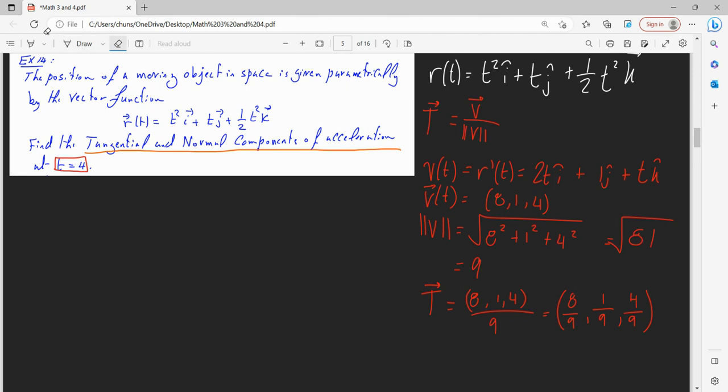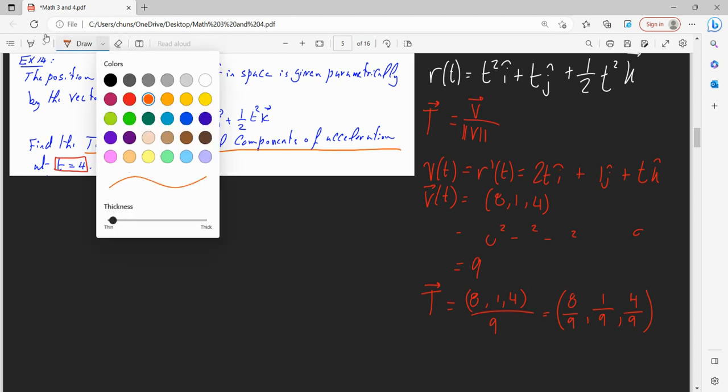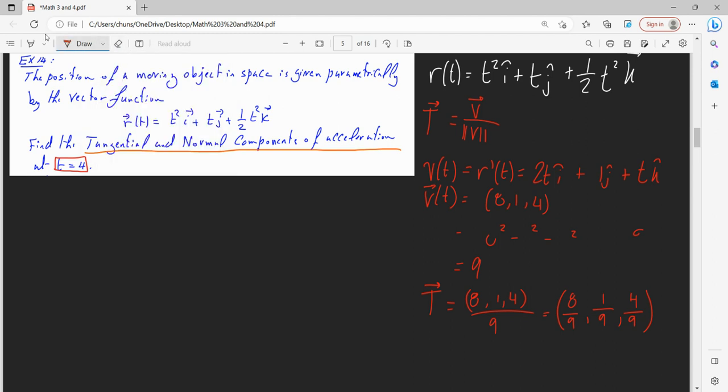It's still good practice. I'm going to keep this here. Why did I erase that? I actually could have still used that. So I'm going to keep this here because we can still use it. All right, we just don't need this right now.